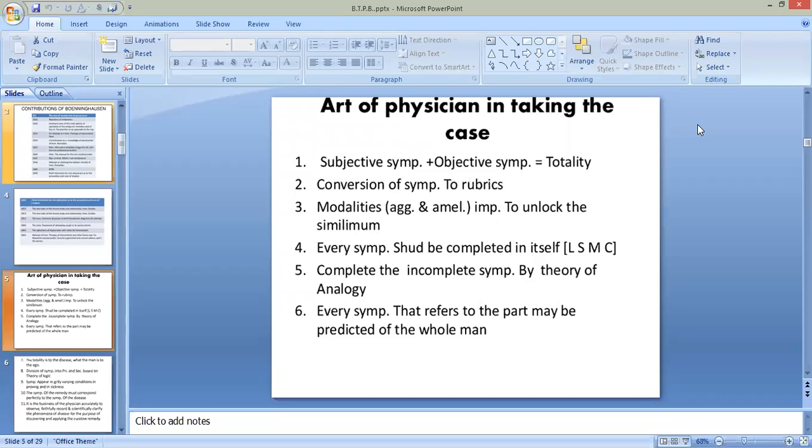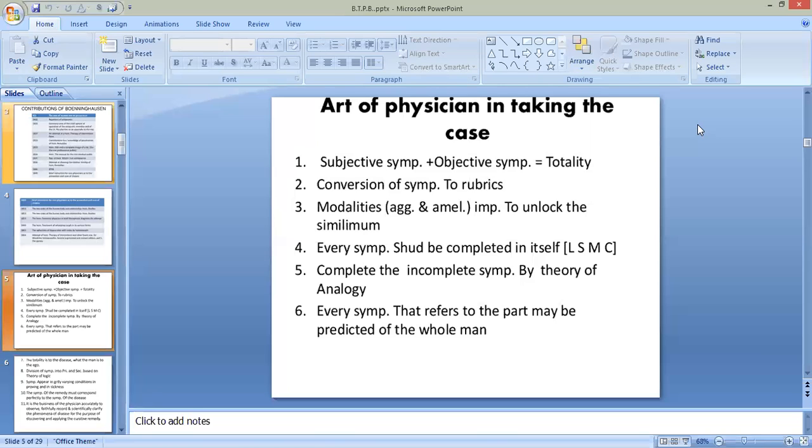So while changing the medicine after the first prescription, we have to select the second prescription very carefully, because due to our second prescription, our patient's condition should not get worsened, but after prescribing the second medicine, the patient should feel better than before.